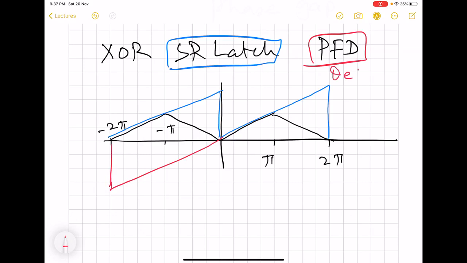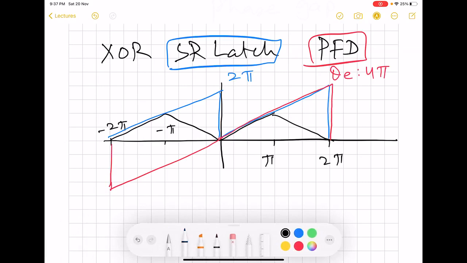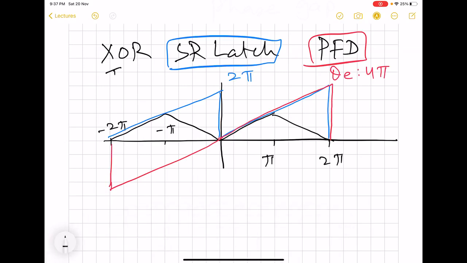So it can detect phase error up to a 4 pi range. So these are the characteristics of three-phase detectors.